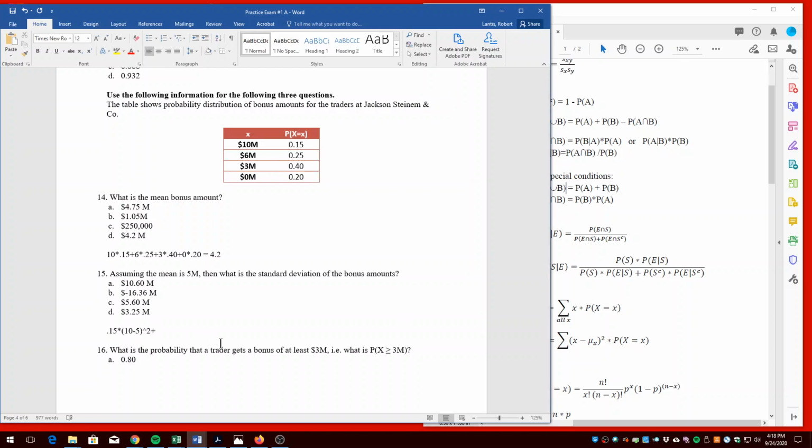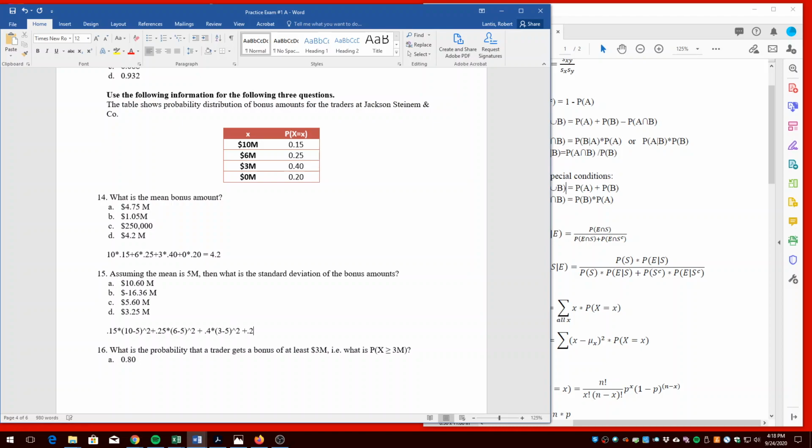I'll then add to that the next possible outcome, right? The probability it occurs is 0.25. Multiply that by that value of 6 million's deviation from the mean, which I was told is 5 million, right? And I then just do this for every single possible outcome that I have. So I'll type those out here. Hopefully I've already kind of explained the process.